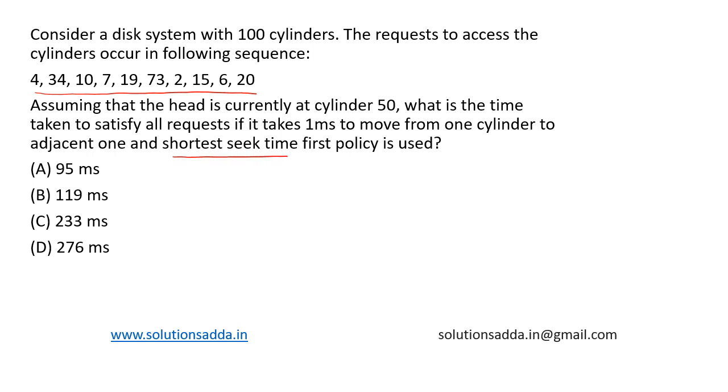So let's write the cylinder requests in increasing order. We have 2, 4, 6, 7, 10, then we have 15, then we have 19, we have 20, we have 34, we have 73.